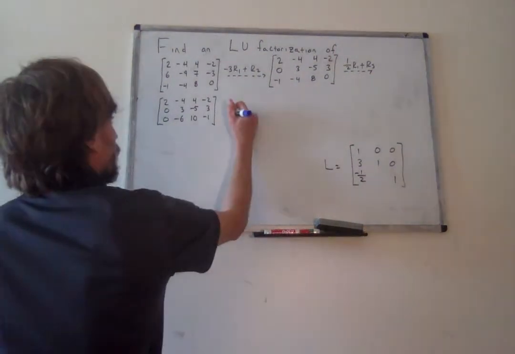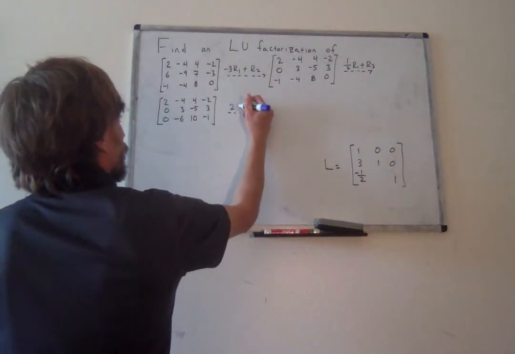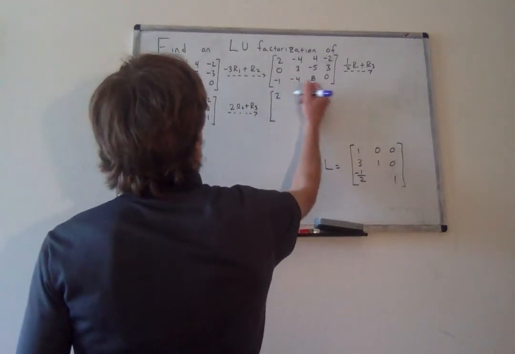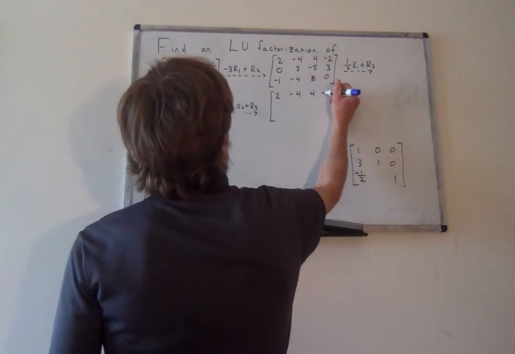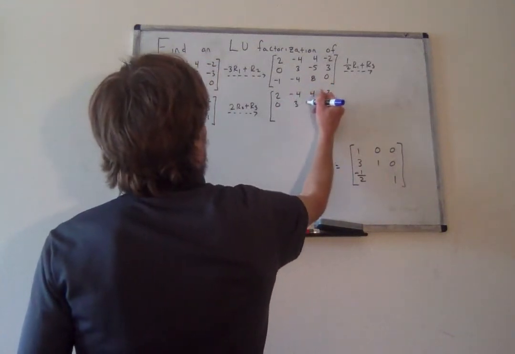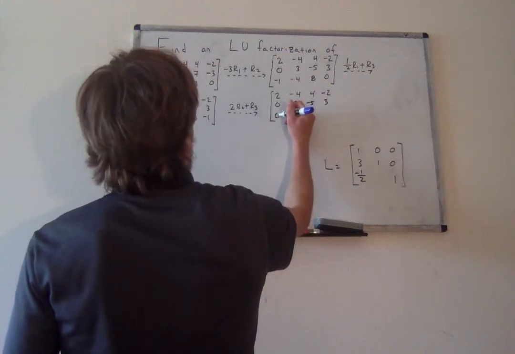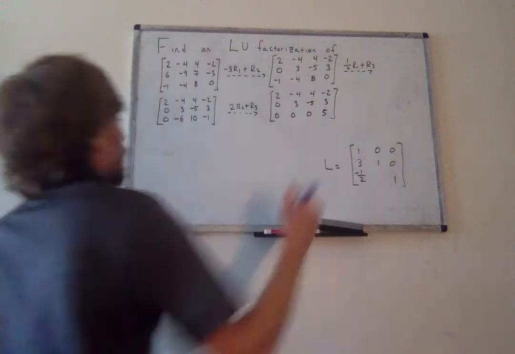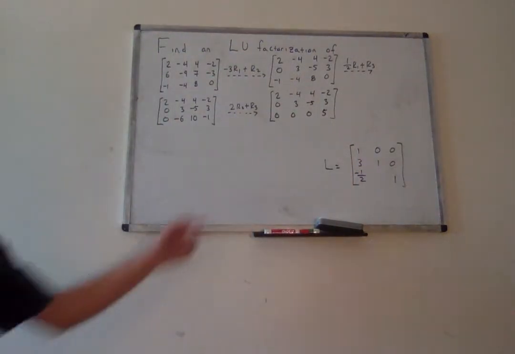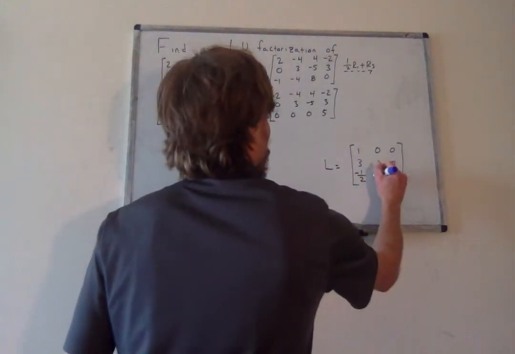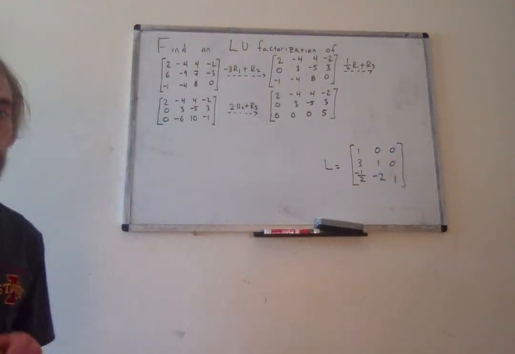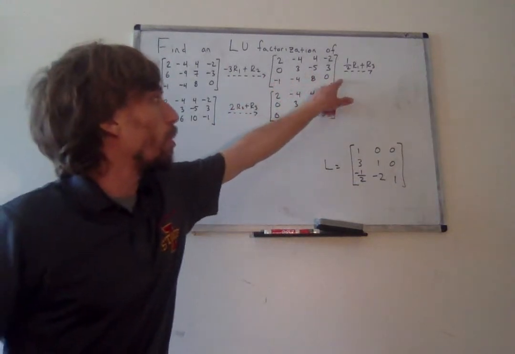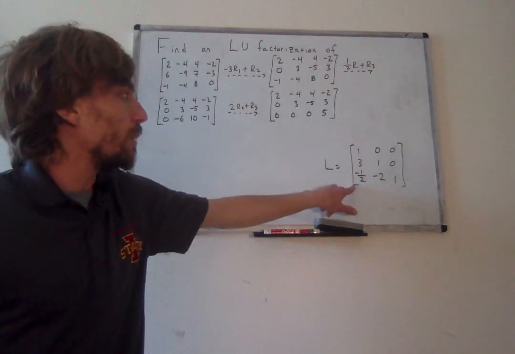And so finally, we could do 2R2 plus R3. And so I'd get that matrix, and this is an REF matrix. I'd want to put a negative 2 here. And so notice what we're going for. We want this matrix, when I do these 3 row operations, to turn into the identity matrix.